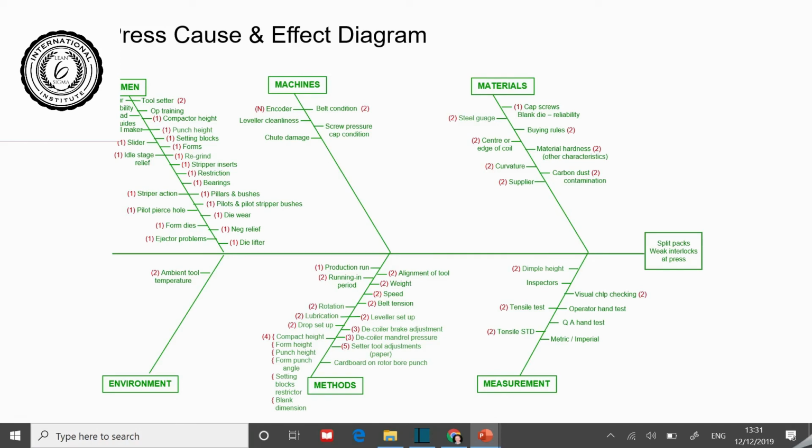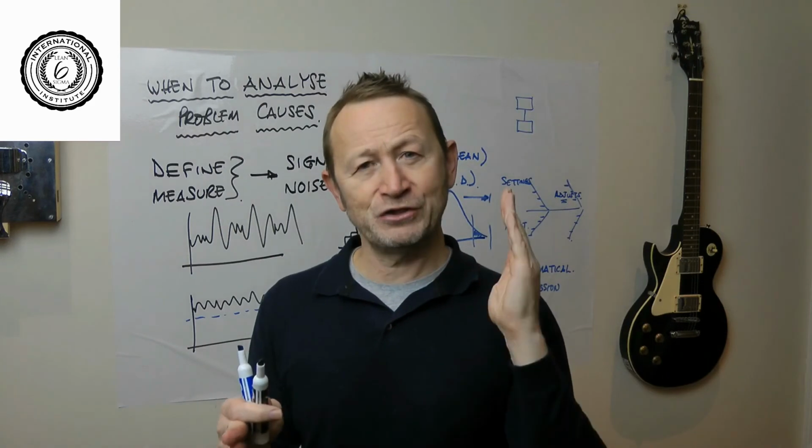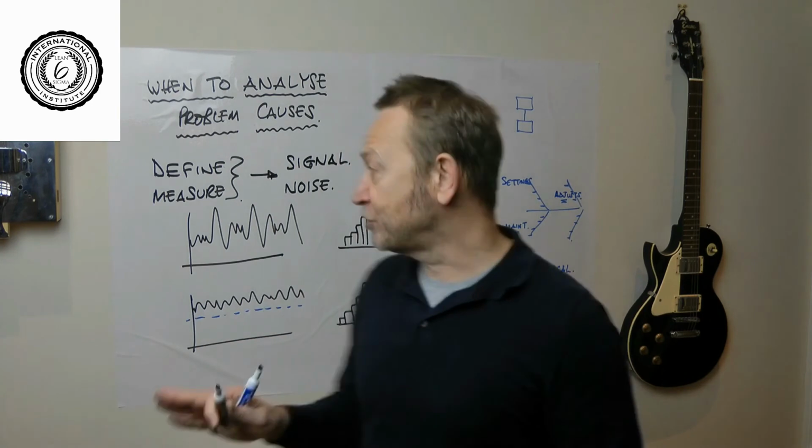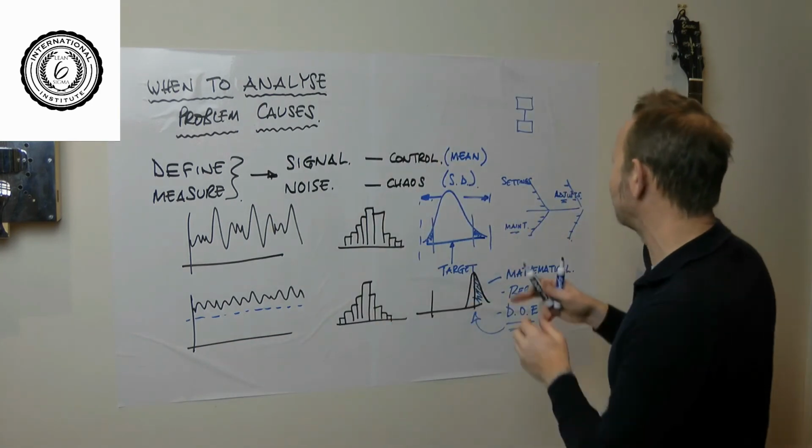So you can see all these variables on this cause and effect diagram. They are in absolute detail because you've got to agree a defined rule for every single one of them. So this is detailed work.